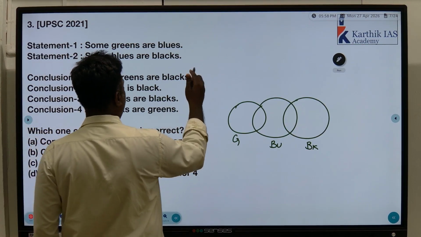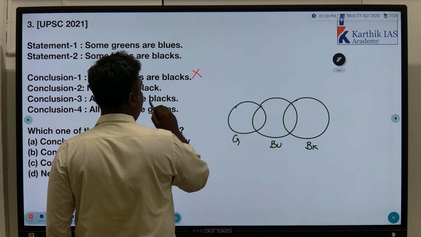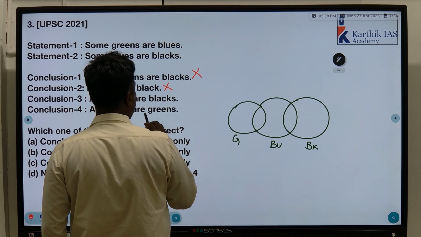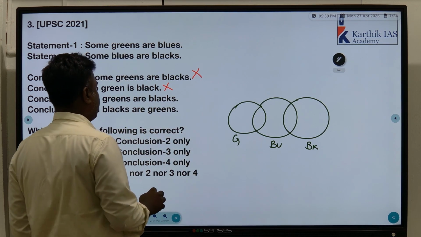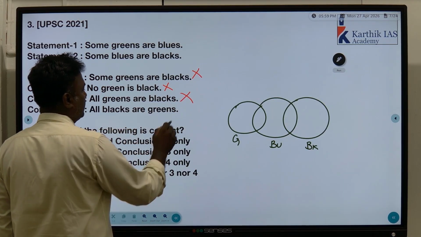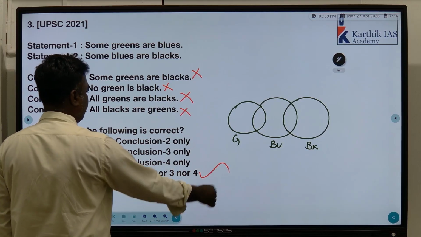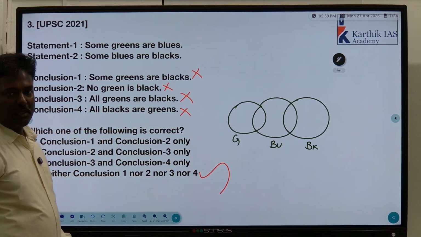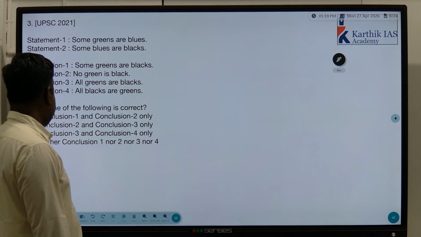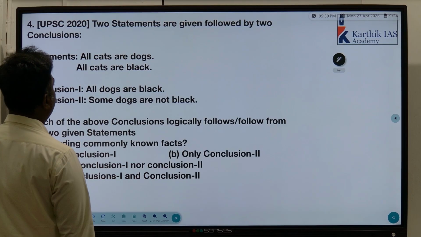No greens are black. That also we can't say, because if I draw it here, we are not sure about it. All greens are blacks, we can't say. All blacks are greens, also we can't say. So none of them follows. It's an interesting topic. We'll see it in detail later.